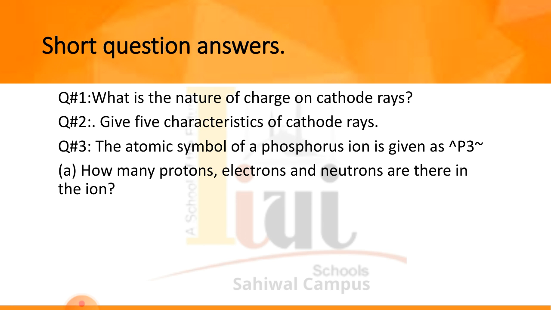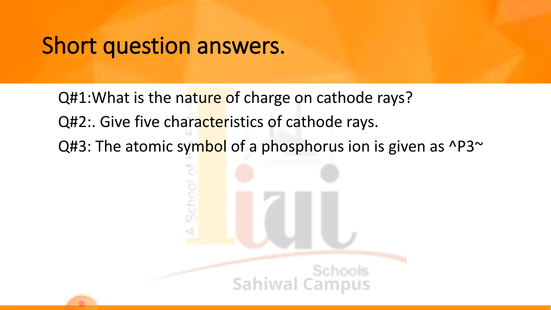So you have to find how many protons, electrons, and neutrons are there in the ion. You can find it by using the formula about the atomic number and the atomic mass, as you have studied in lesson number 1. The formula is A equals Z plus N. So you can find the number of protons and electrons by using this formula.